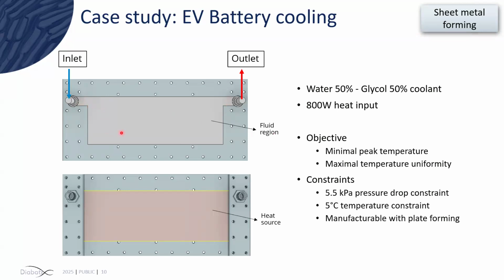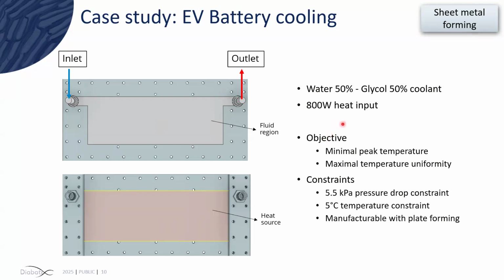So ideally, with the sheet metal forming, you should be able to create structures in such a way that flow is guided from inlet to outlet, with the heat source applied at the bottom of this cold plate translating into quantifiable objectives which should be met by Coldstream.